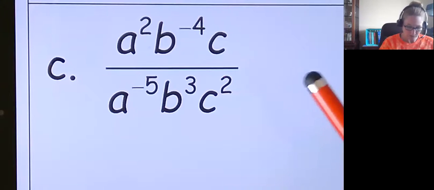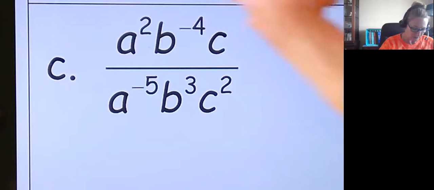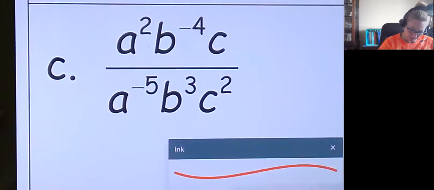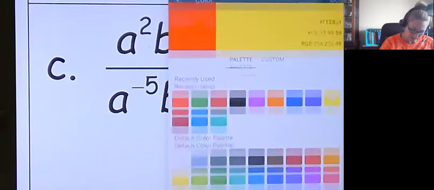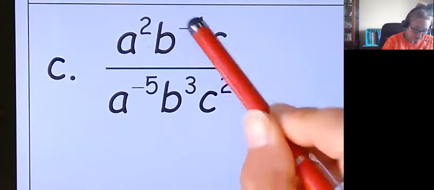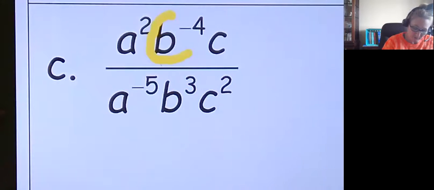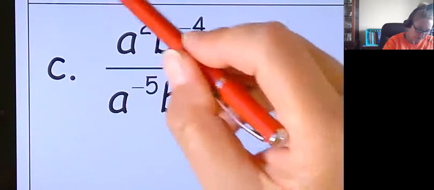So now on this one, what you want to focus on is we do not like to have negative exponents. And so in a problem like this, let me just first get a yellow. I'm going to be focusing on this one here, and a little thinner pen too, sorry.